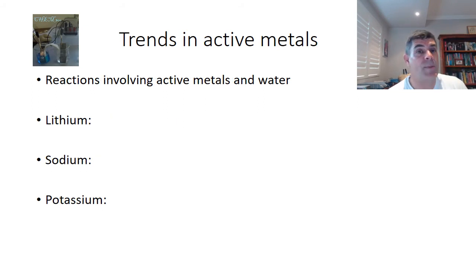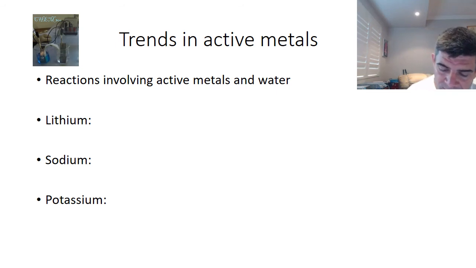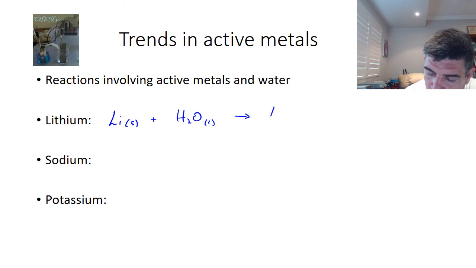As I mentioned, the most spectacular of these in terms of the last category are the active metals. And we can write some equations to very briefly represent this process. So when lithium solid is placed into water, it will form lithium hydroxide and hydrogen gas.